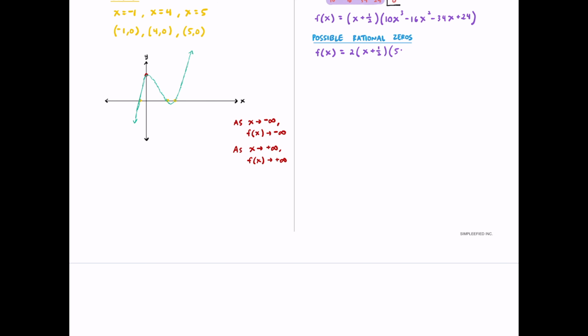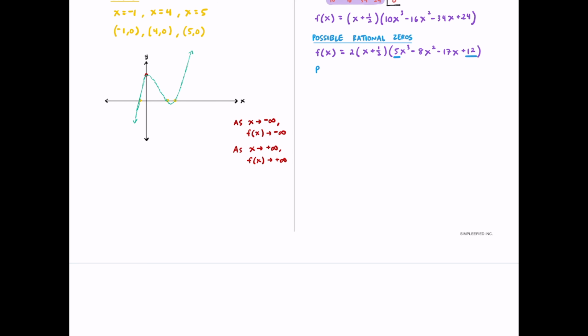So we would have 5x to the third power minus 8x to the second power minus 17x, and then plus 12. So at least 5 is a prime number, has fewer factors, and 12 also has fewer factors than 24. So if we now use this 12 for P and this 5 for Q, that should save us a little bit of work, right?